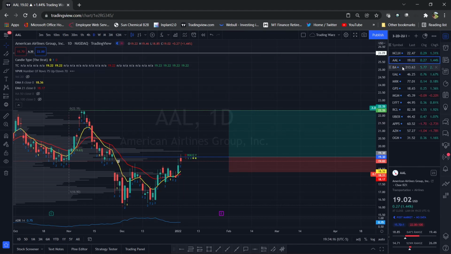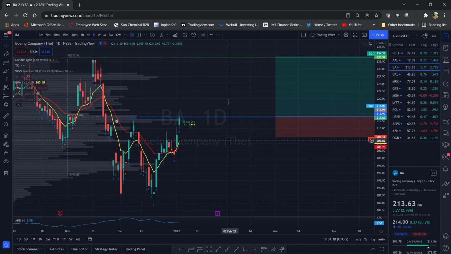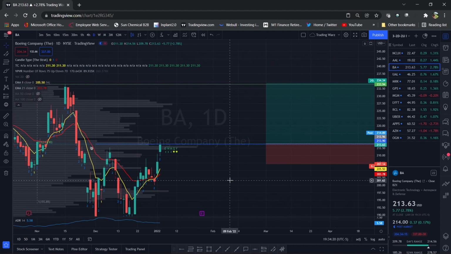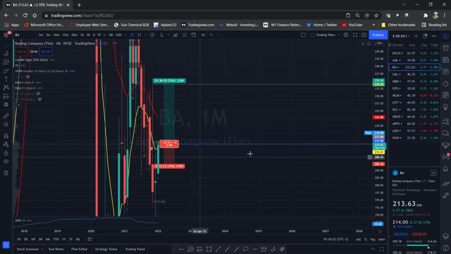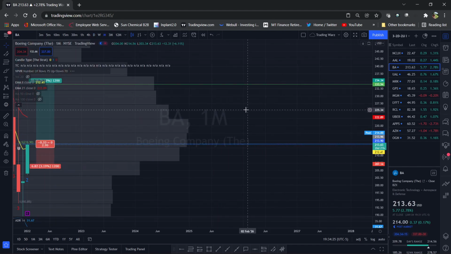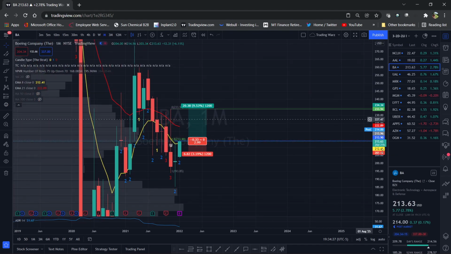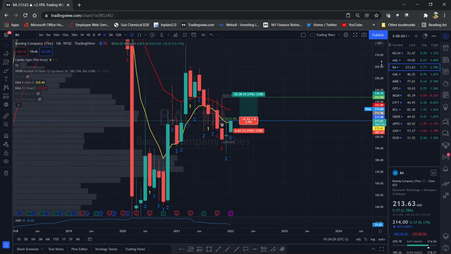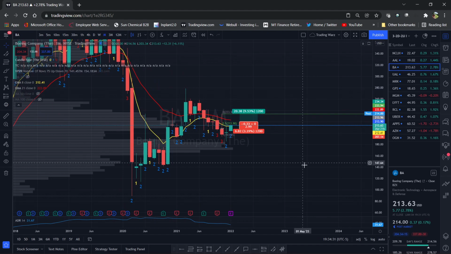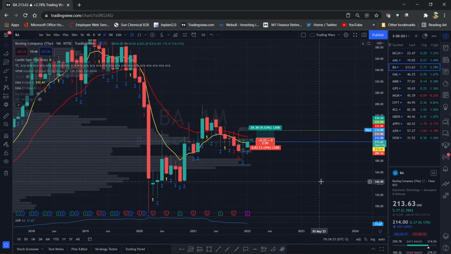Another one I was looking at was BA. This one I liked. I like the setup, but the reason I didn't post it, I didn't really see any good affordable contracts. I tried to find stuff that's between like $1 to $2.50 maybe. The contracts I was looking at for this were over $3, so a little expensive for me, unless I just do 1 or 2 for a starter.